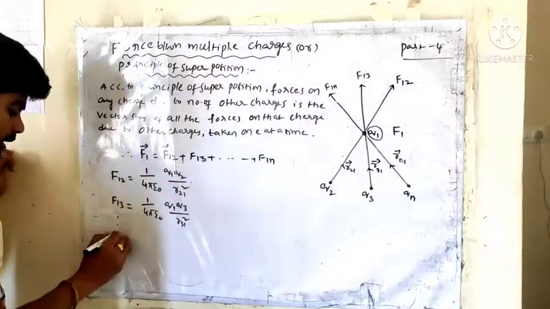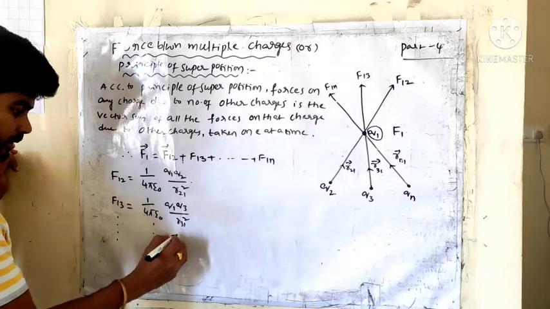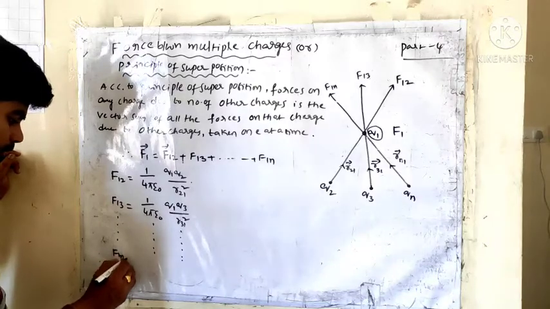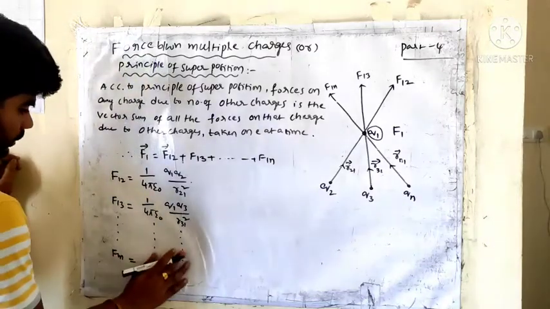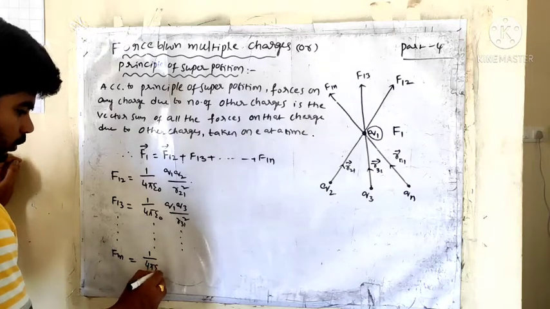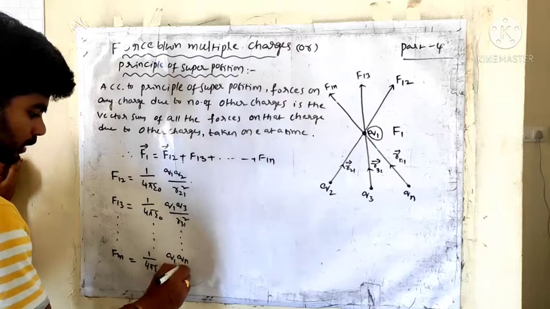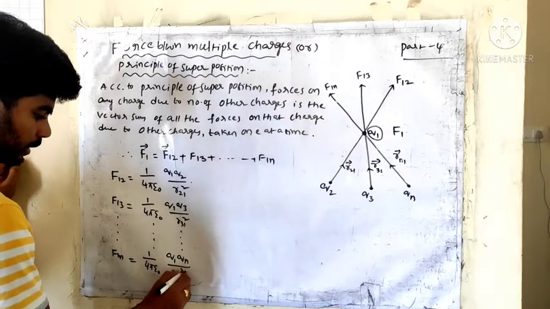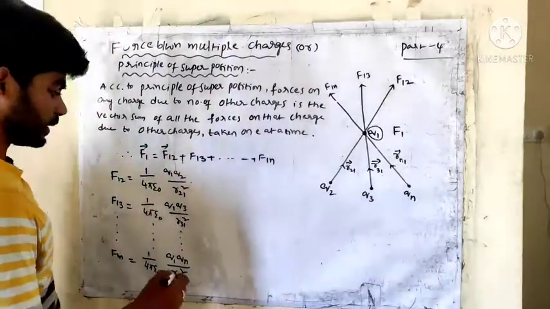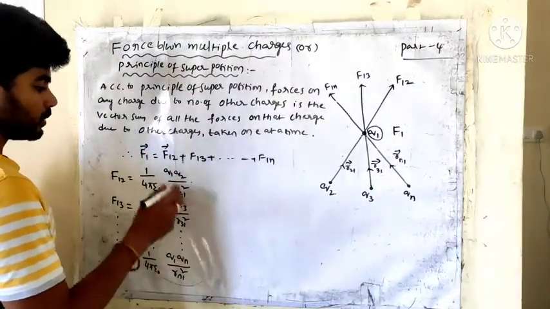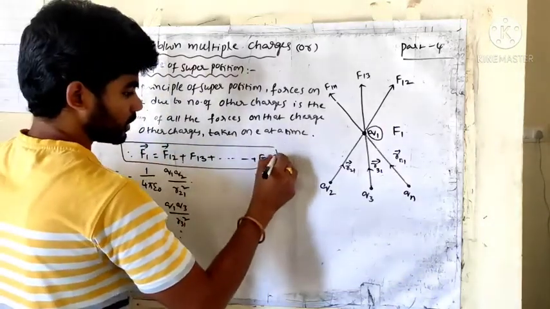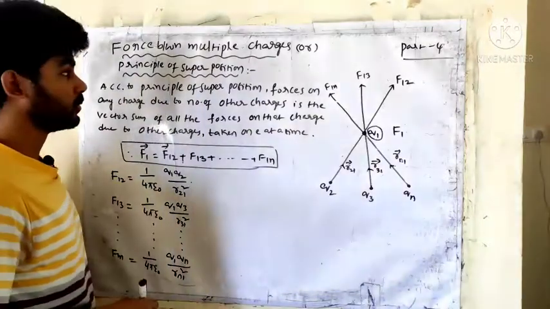Like that, up to n number of point charges, F1n is equal to 1 by 4 pi epsilon naught q1 qn by rn1 square. rn1 is the distance, that's why rn1 square. All these values are substituted in the principle of superposition formula. This is the main principle of superposition formula.